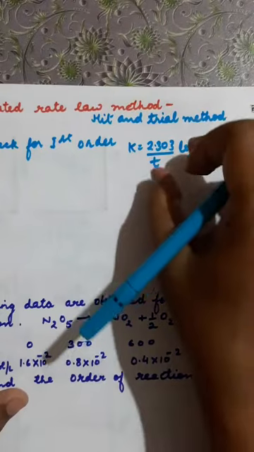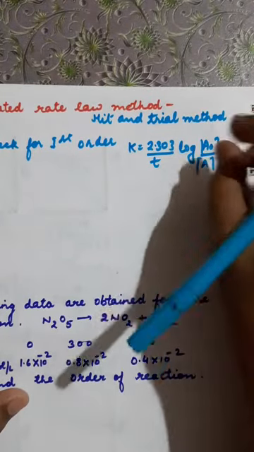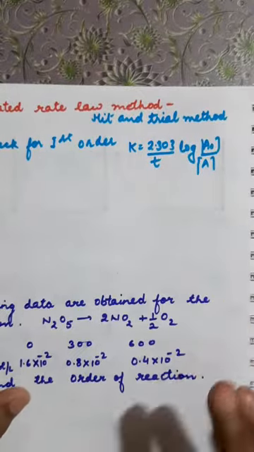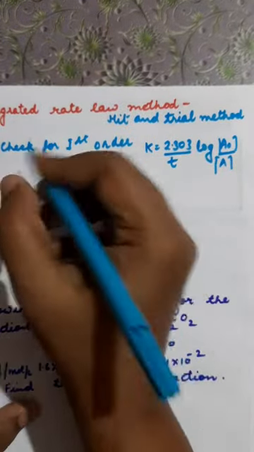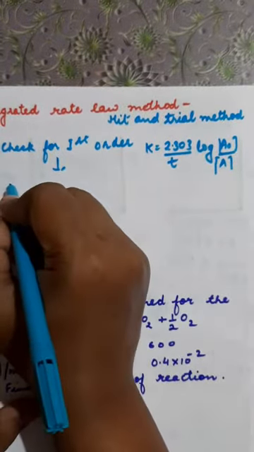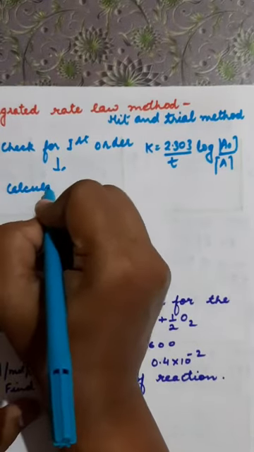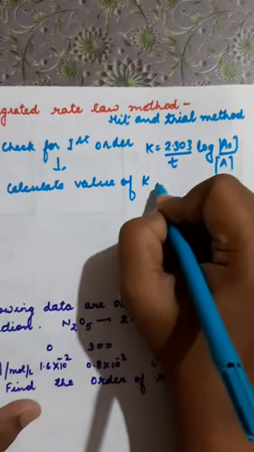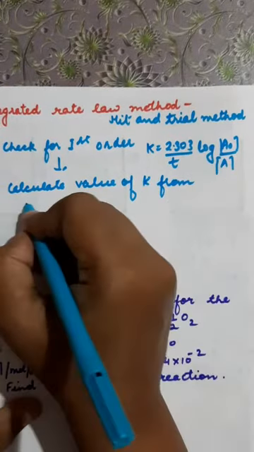You will put the values here. Time and concentration will be given to you. You will put the data here, find the value of k. So first you will check for first order reaction, calculate the value of k from at least two sets of data.